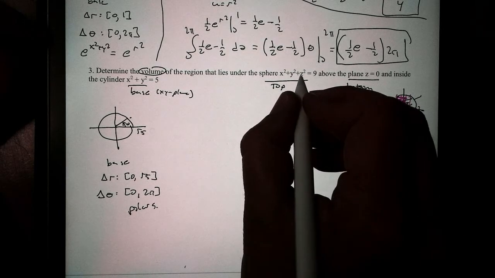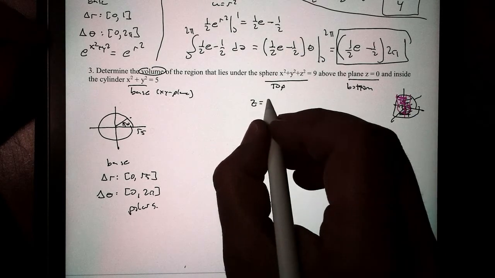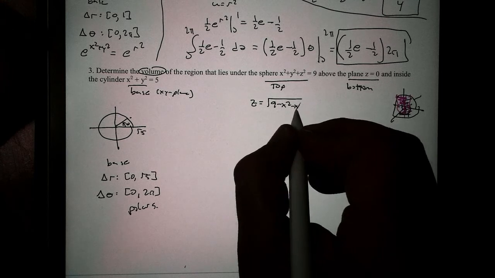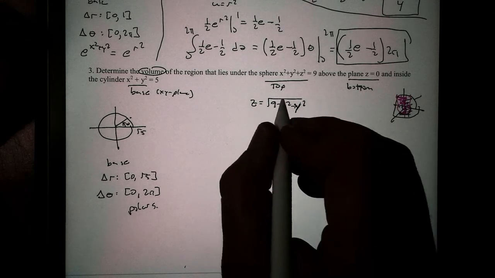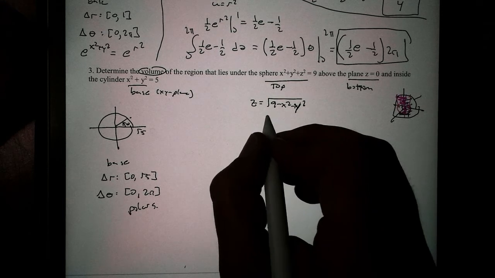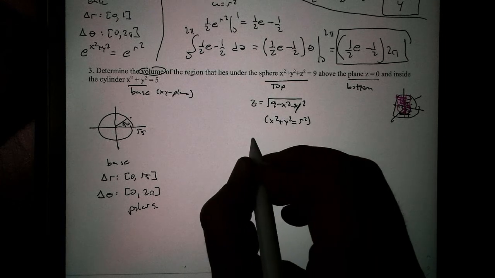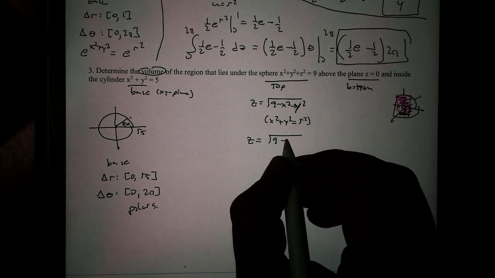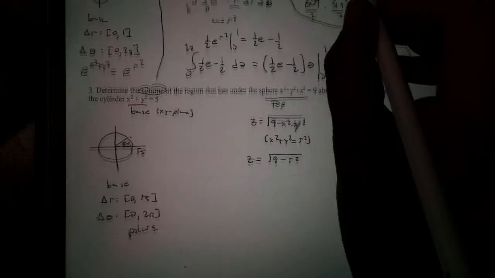So to do this one, I'm going to solve for z. z would equal the square root of 9 minus x squared minus y squared. Now notice, I am keeping it positive because I want the top part. To convert this, recall x squared plus y squared is r squared. So therefore, I could write z as the square root of 9 minus r squared right here. The bottom is just z equals 0 still.